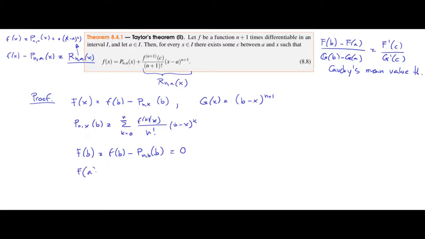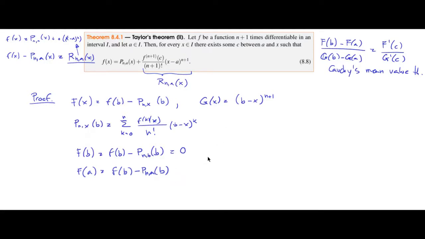Now F at a is going to be f at b minus p_n,a at b, which is this subtraction that we want to evaluate. This is going to be the remainder at b, if you want, so we can call it like that, but let's leave it like that.